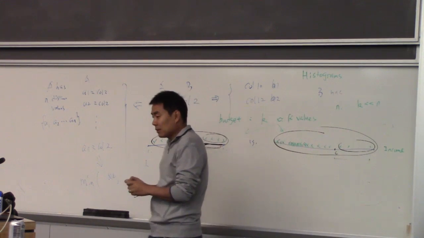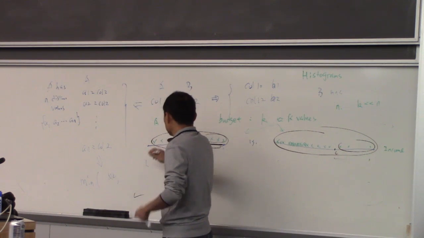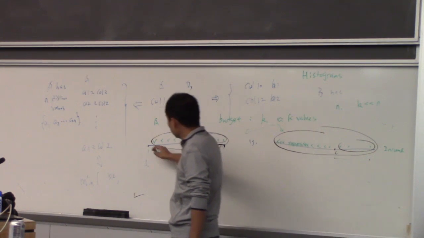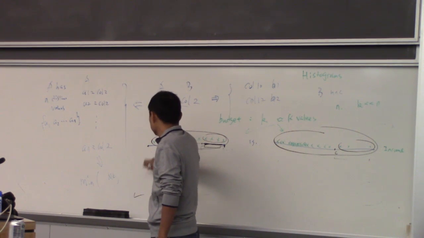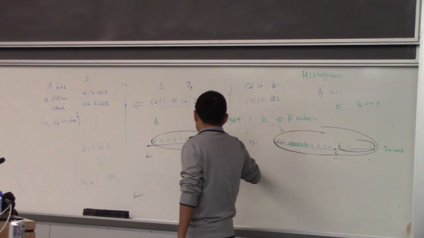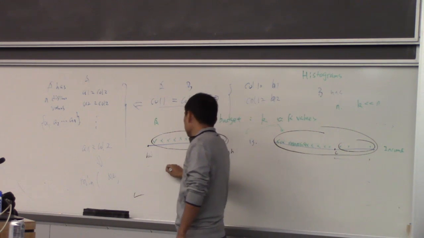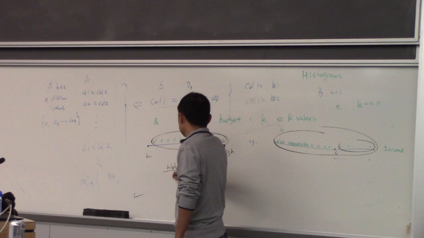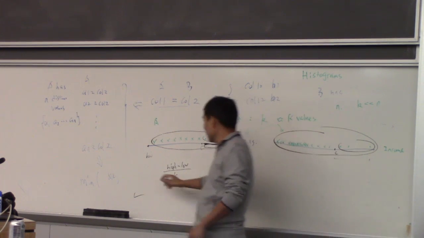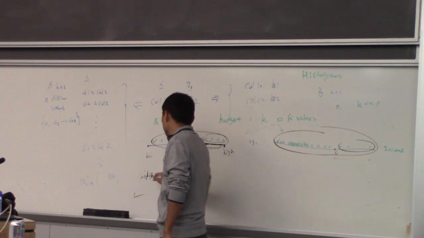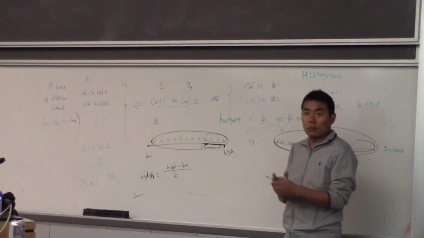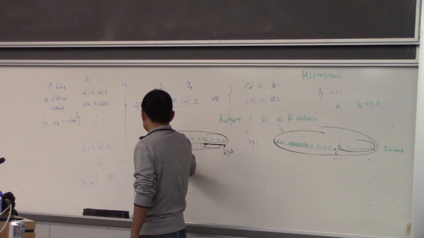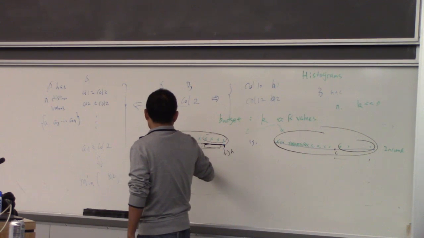Equal width basically says, this is your domain range, and all you do is divide by K. And you define a variable called the width of your bucket, and then you use this to partition your space.